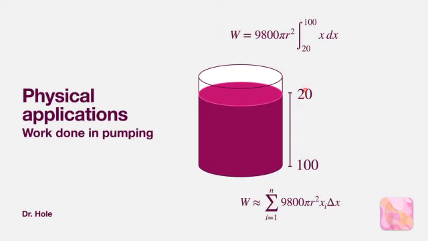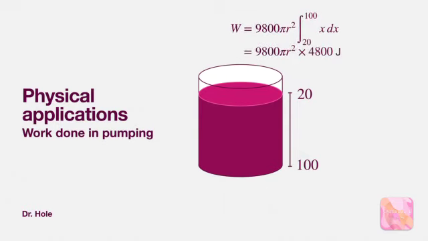Pay attention to the fact that our bounds of integration are 20 to 100, as from a depth of 20 down to a depth of 100, there is water present. Good. 9,800 pi r squared, all of that is a constant. We can bring that to the front. And then all that we have, for integrand, is the depth. Okay, so this is how we would compute out pumping a cylindrical tank.